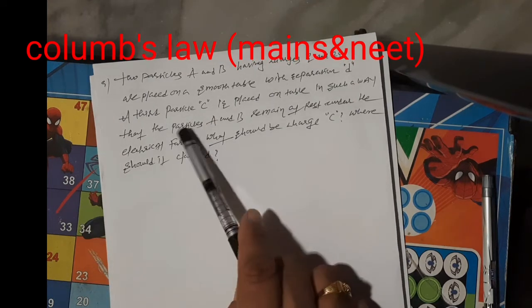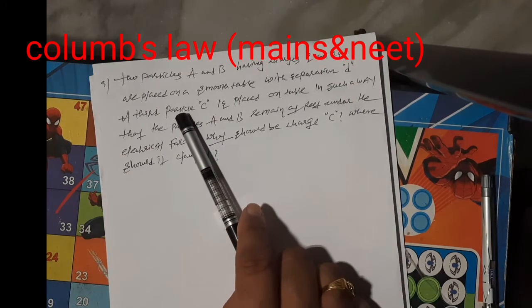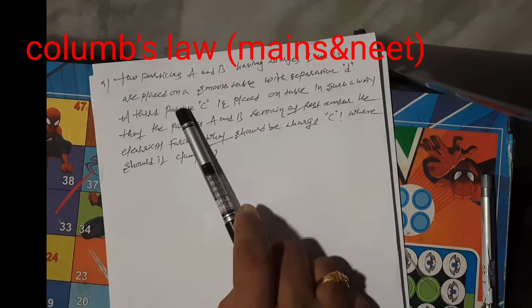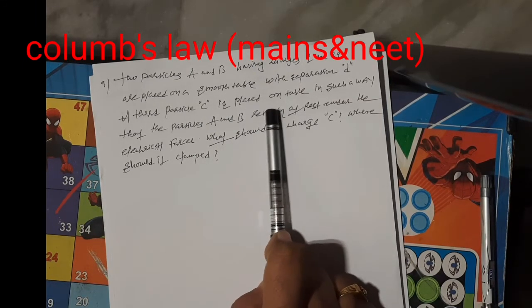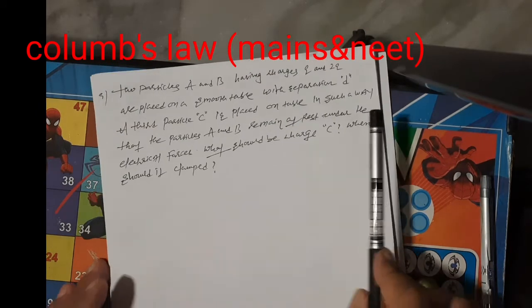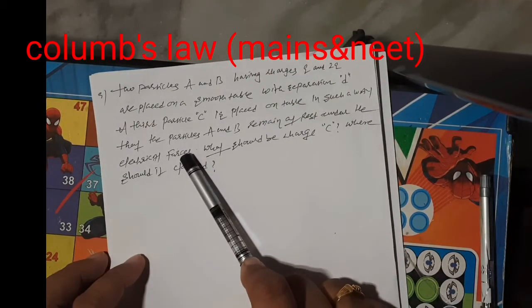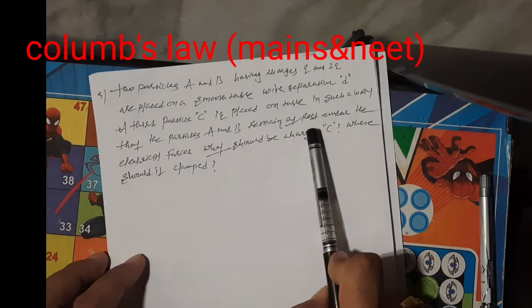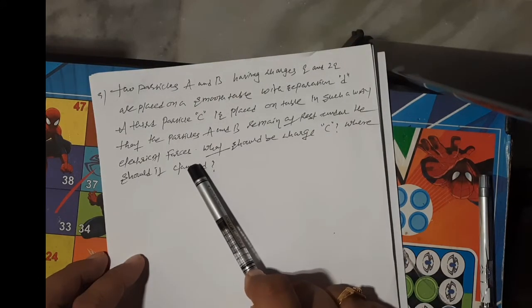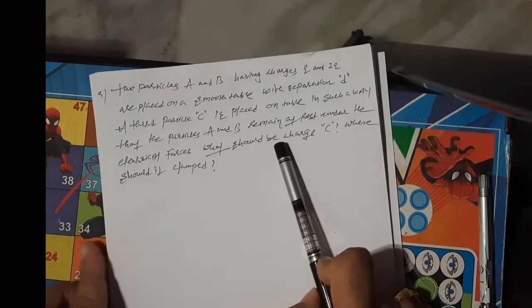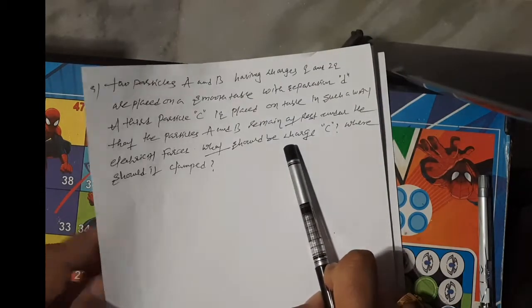A third particle is placed on the table in such a way that the particles A and B remain at rest under the electrical forces. What should be the charge C?